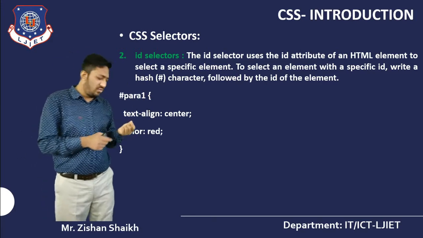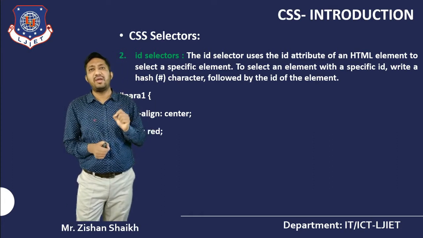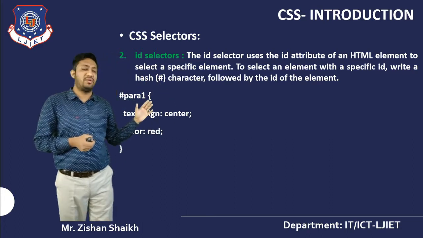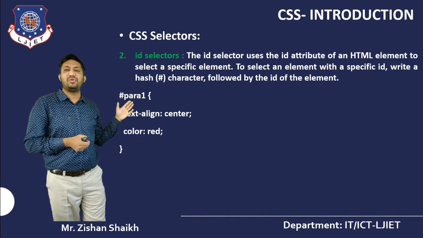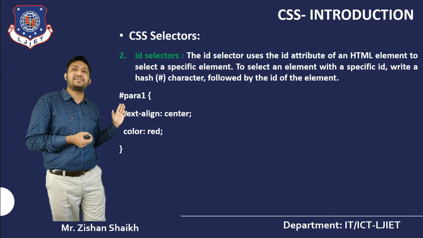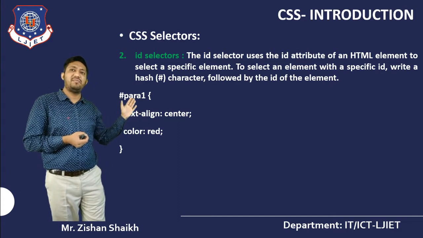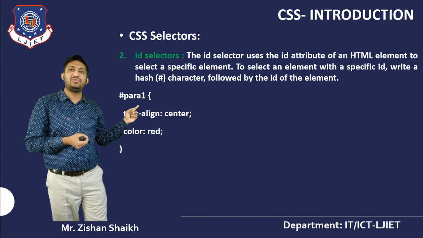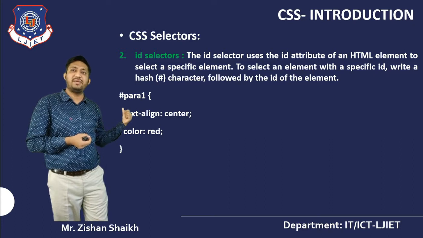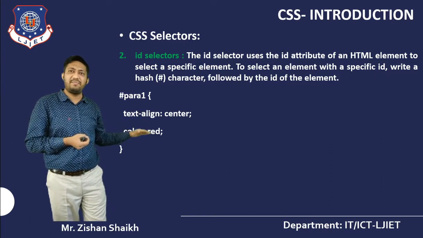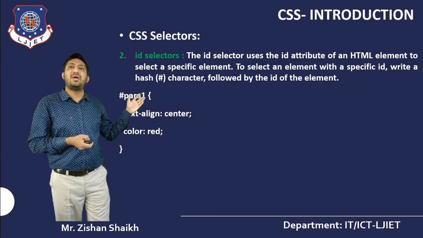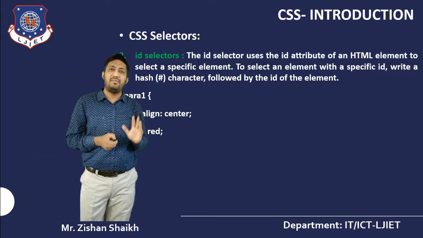How can we identify this as my id? Before the name you write the hash symbol. Here para1 is my user-defined name, and it is preceded by the hash symbol. So hash symbol, then my user-defined name, and in that block I will write my property and value, and this particular id will be assigned to the HTML tag.